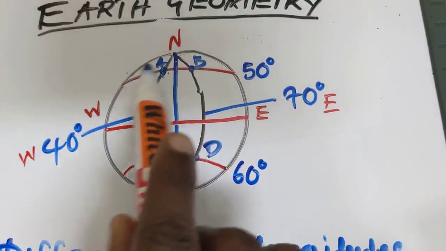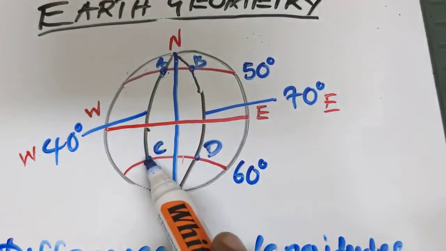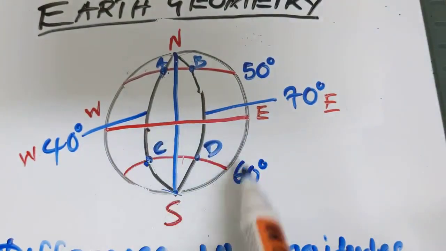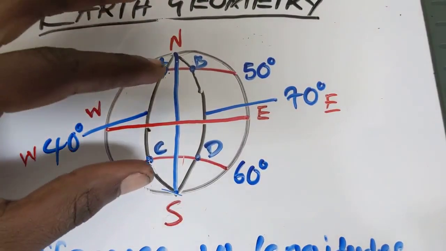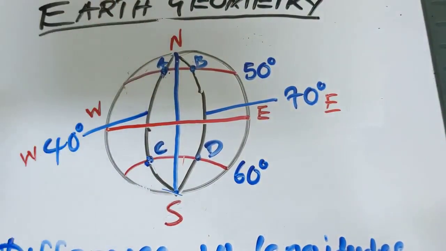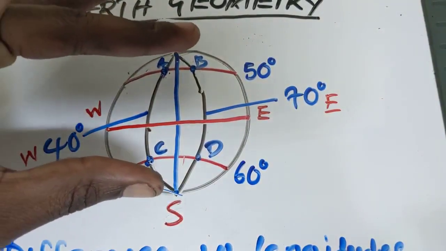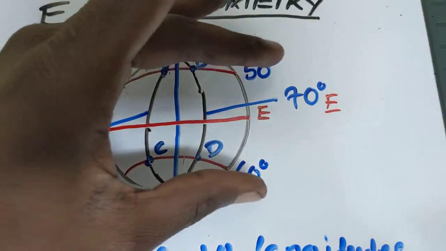So A is in the north, then C is in the south. When they are in different hemispheres, we need to add these latitudes.